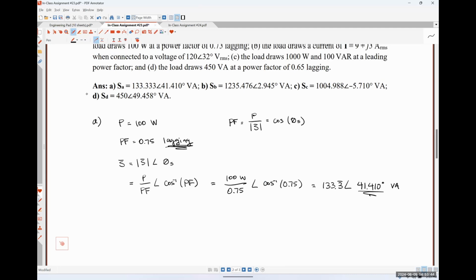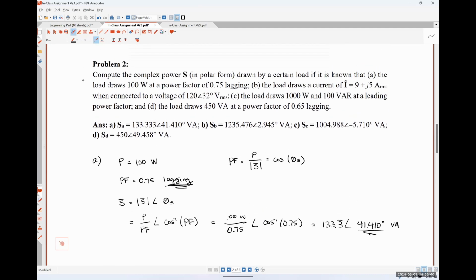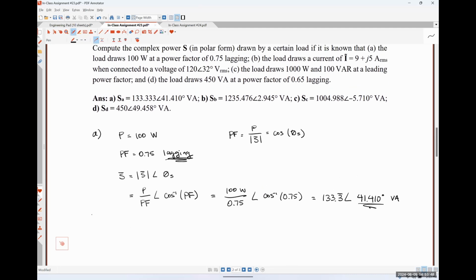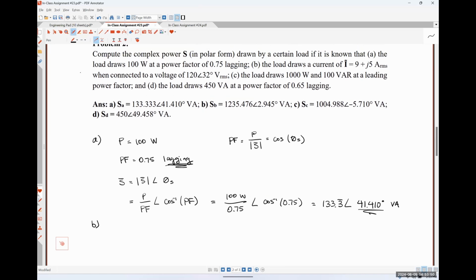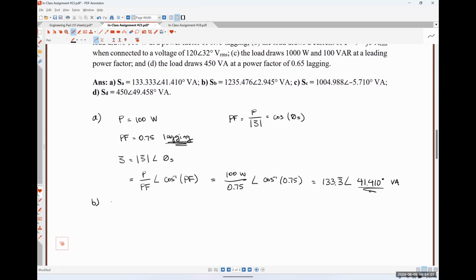All right, so let's move along to part B. In part B, we are told that our load draws a current I, as an RMS phasor, equal to 9 plus j5 amps RMS.